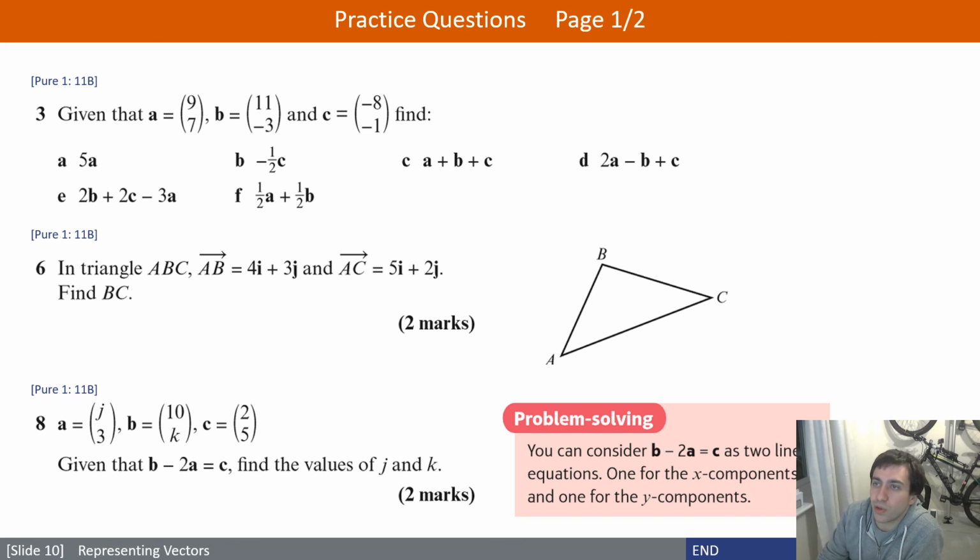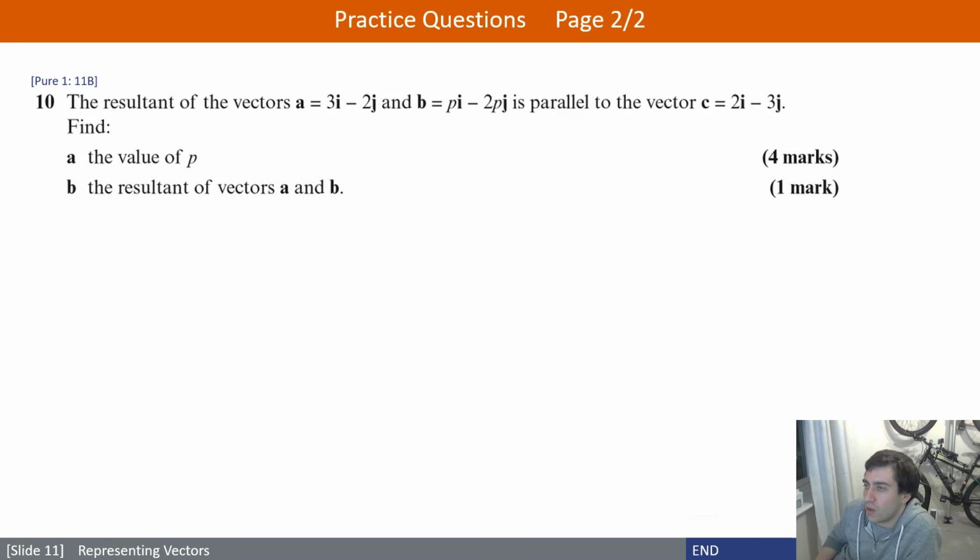So assuming you paused and you've done those, let's take a look at the final question. So this one's asking you to find a certain coefficient given that certain vectors are parallel. So you remember the mathematical definition of parallel is that one vector is a multiple of the other.